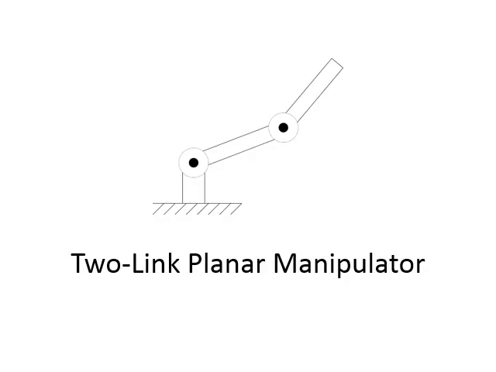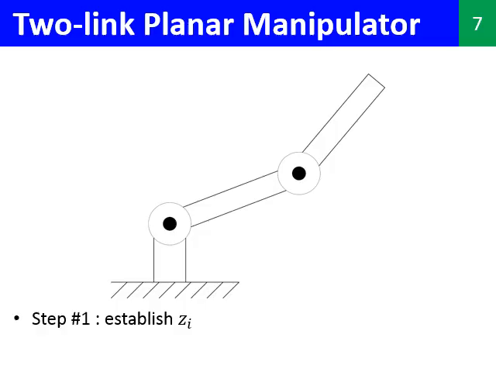And it is called a planar manipulator because it can only move on the planar surface on this presentation slide. In the 2-link planar manipulator, we have link 0 here, link 1 and link 2, as well as joint 1 and joint 2.